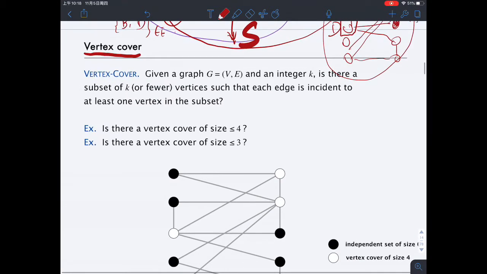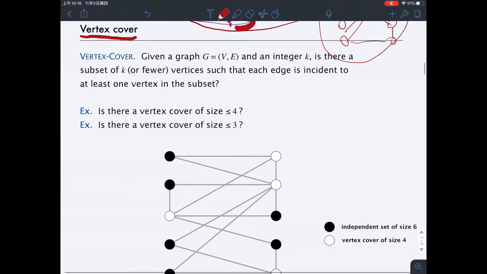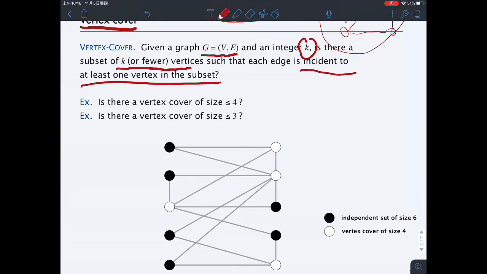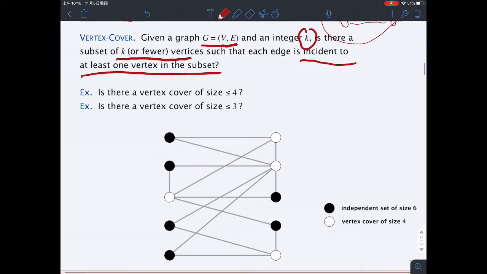For the vertex cover problem, the definition is as follows. We are given a graph G equals (V, E) and an integer K, and we want to understand whether there's a subset of K vertices such that each edge is incident to at least one vertex in the subset.